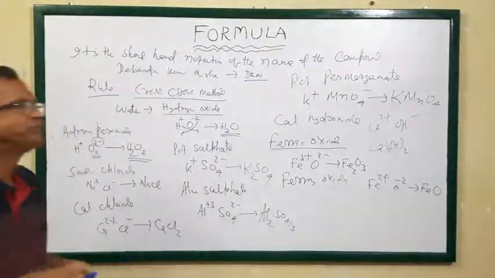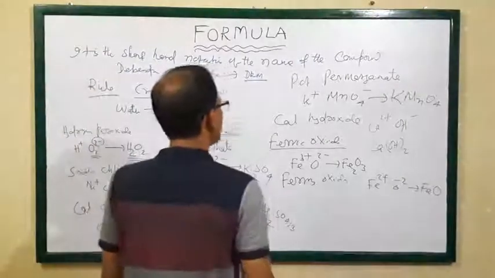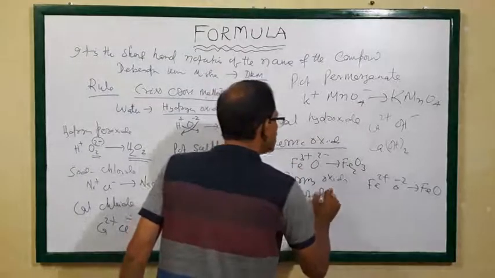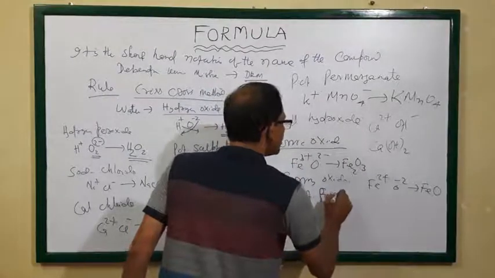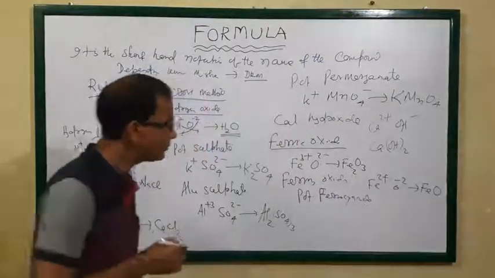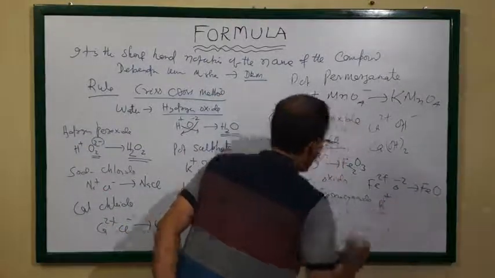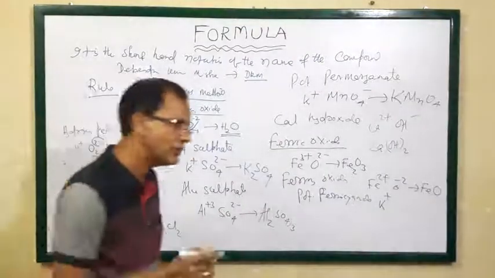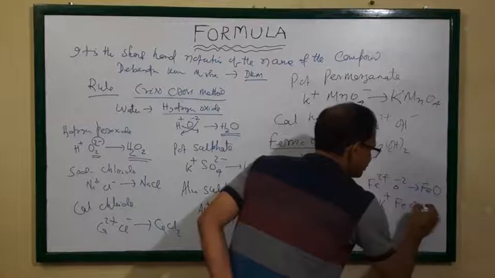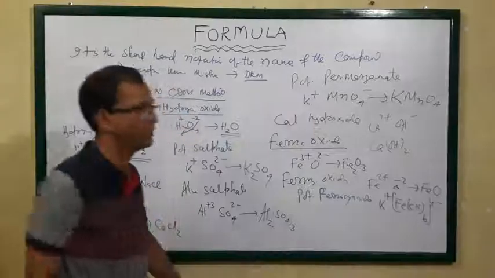For example, potassium ferrocyanide is a bigger formula. Potassium ferrocyanide. Potassium is K+. Ferrocyanide ion is already written; it is a bigger radical, [Fe(CN)6] with 4−.